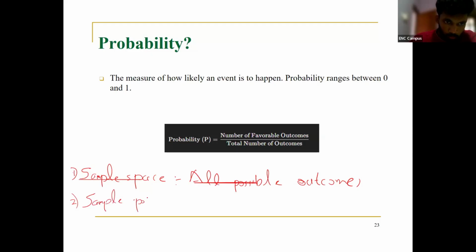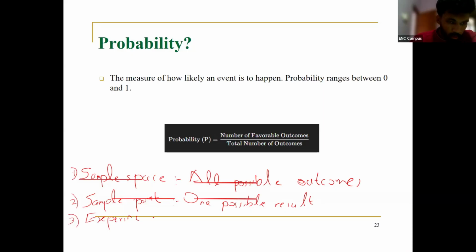Sample point is one possible result. Then we have the term experiment.